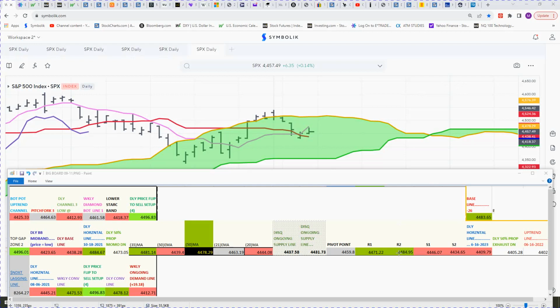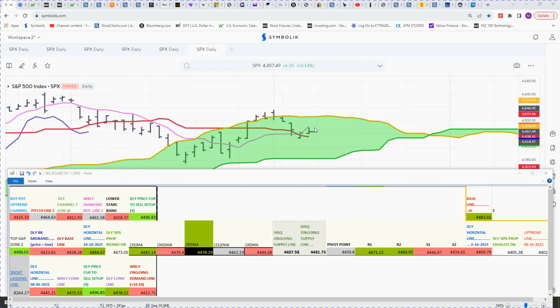Again, more evidence that the noose is tightening. And if it does make it through all those levels and the lagging line makes it above the baseline for Monday, then there's the daily price flip to the sell setup. We'll go back to the sell setup count 1 if it closes above that level, and pretty much right at that level, or 80 cents or so below it, is the top of this gap zone.